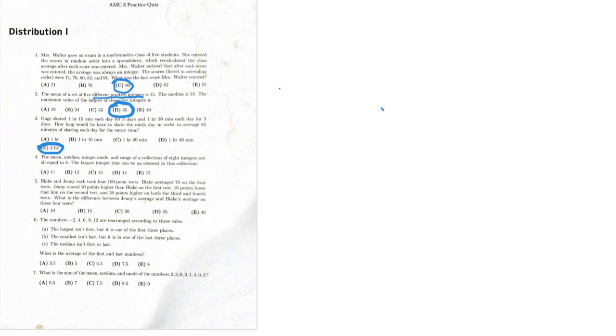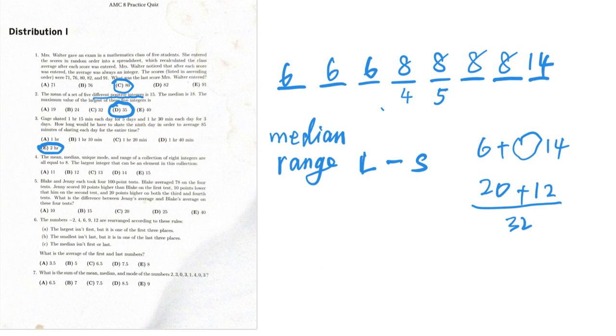So if the sum of the middle 2 is 12, we put 6 because they are ordered. So now that's the easiest that we can do for the mean, median, and range. They all are 8. But they ask for as large as we can.